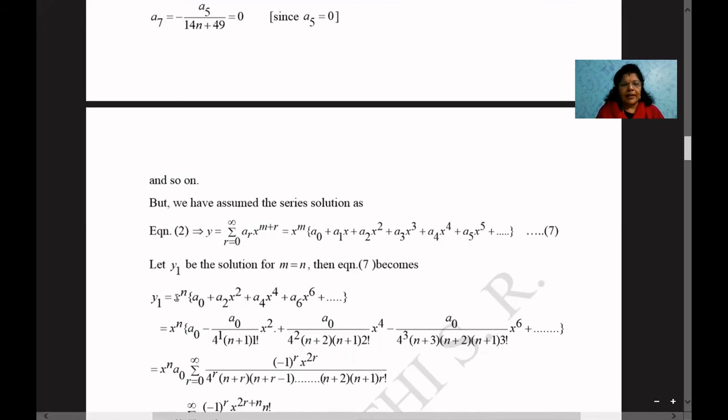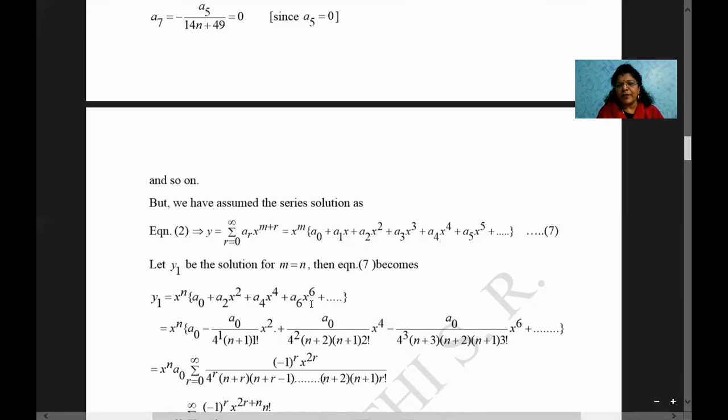Correct? That is x power n into a0 into a2, a4, a6 values from the above relation I'm writing. What is a2? Minus a0 by 4 power 1 into n plus 1 into 1 factorial into x square. A4 value is a0 divided by 4 square into n plus 1 into n plus 2 into 2 factorial into x power 4 minus a6.